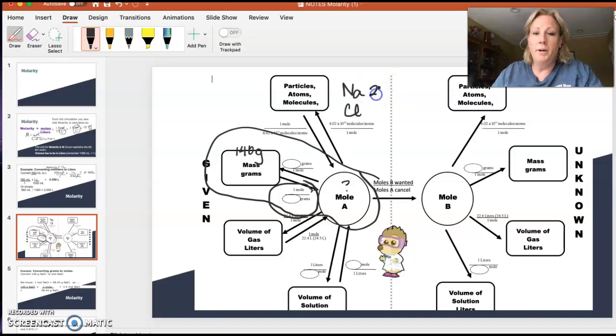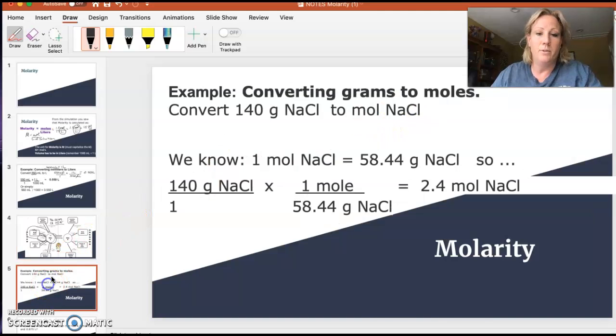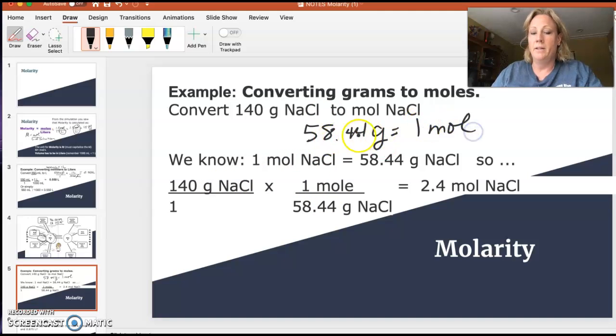So on your periodic table, sodium is 22.99 and chlorine is 35.45. So that's how we get the molar mass of sodium chloride, by adding those. So if I take that fact that 58.44, there's that many grams in a mole, when I added the 22.99 and the 35.45, then I can set that up as a conversion. The grams cancel and I'm in moles.